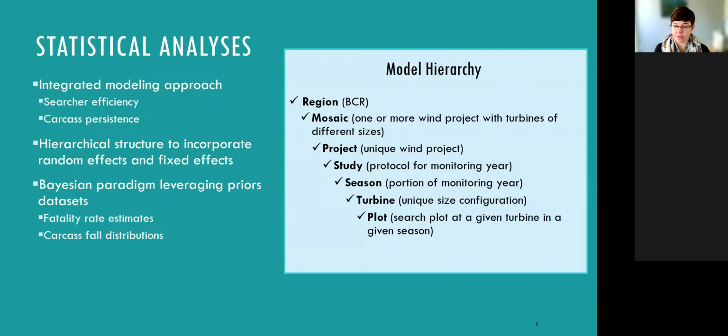And then we were able to empirically examine how our focal data set compares to the posterior distributions that we get from our Priors data set.